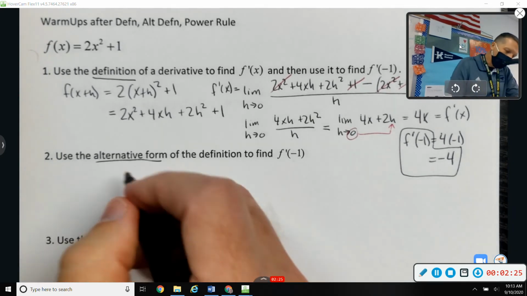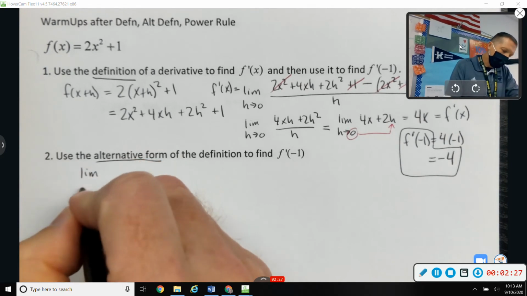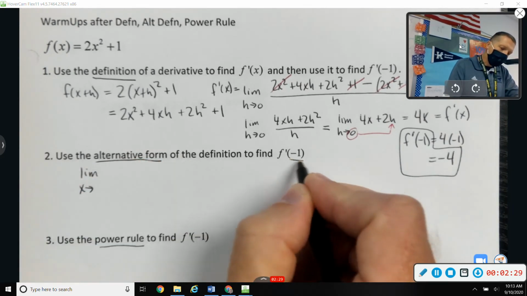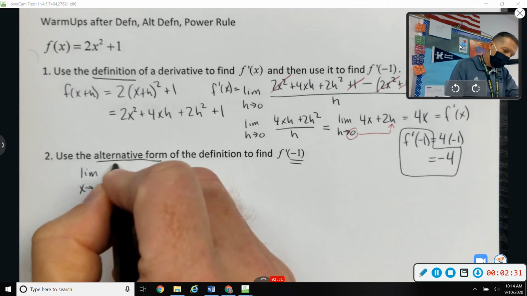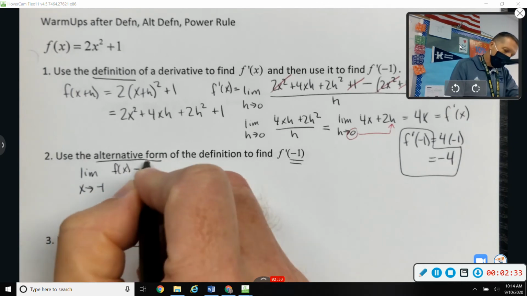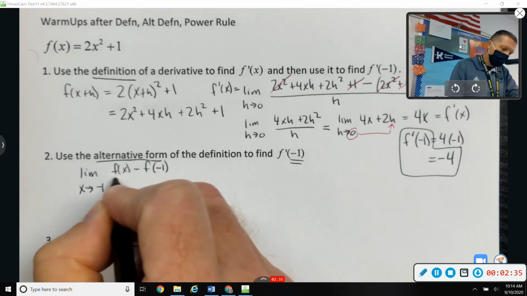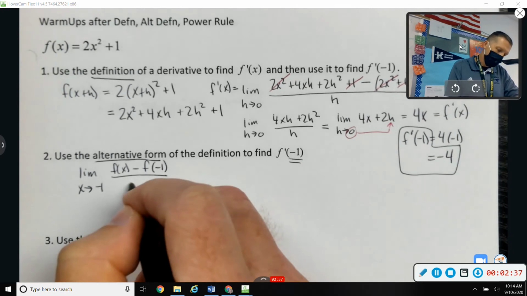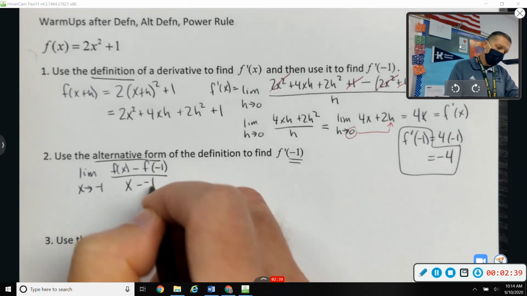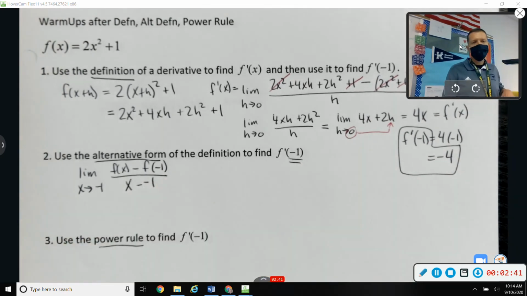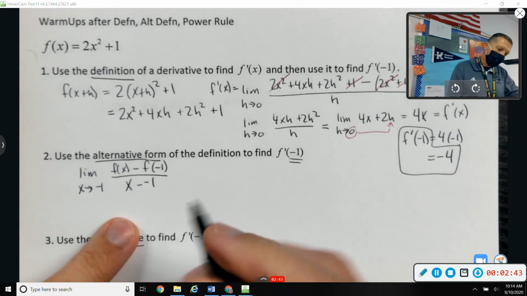Next, let's use the alternative form. So that's the limit as x approaches the point we're talking about of f of x minus f of the point we're talking about over x minus the point we're talking about. So for this one, I need to find f of negative 1.